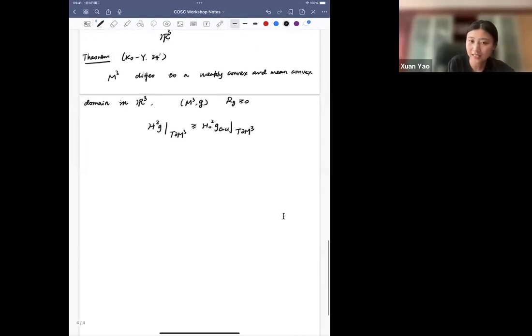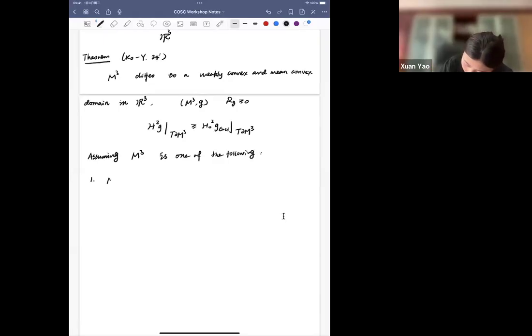And assuming that M satisfies one of the following cases, so assuming M3 is one of the following. So it can be any smooth domain.